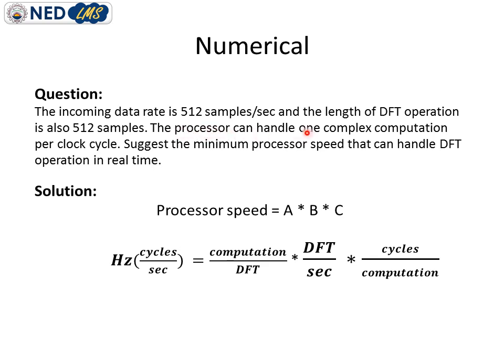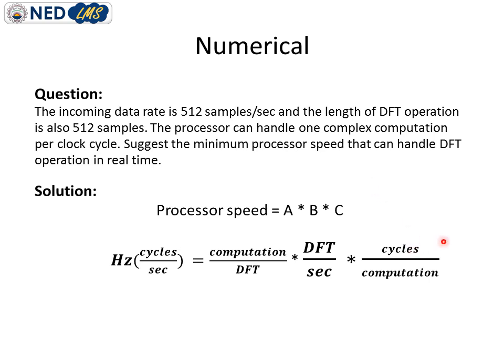You can see the processor can handle one complex computation per clock cycle. So it means the computation is 1 and the clock cycle is 1, so both numerator and denominator are 1. If the processor could handle two complex computations per clock cycle, then you would write 2 in the denominator, because 2 computations per clock cycle means 1 computation per half cycle.